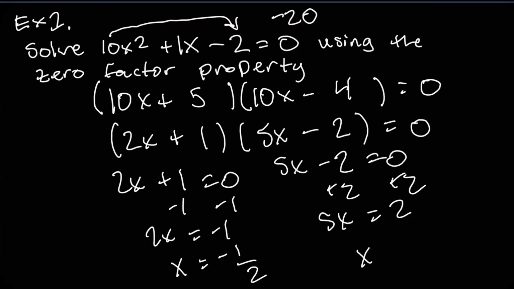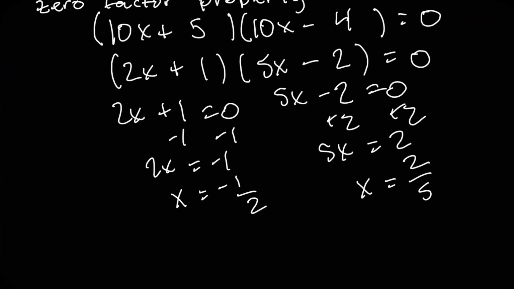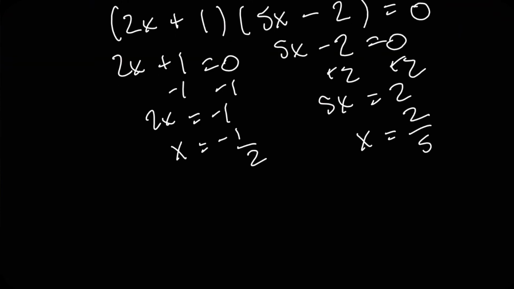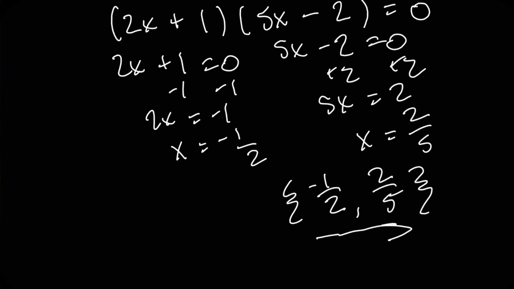And then this will give us x is equal to 2/5. So now we have two solutions, and we can write them like this. We can say negative 1/2, comma 2/5. And usually what you do is go from smallest here to biggest.